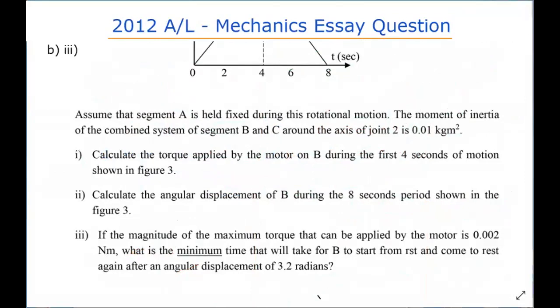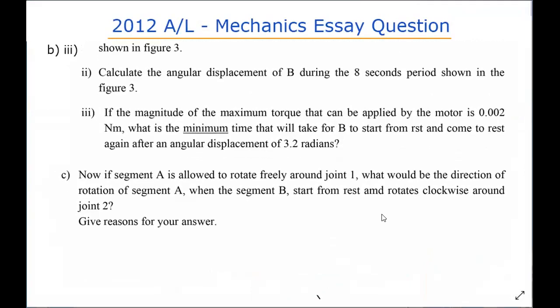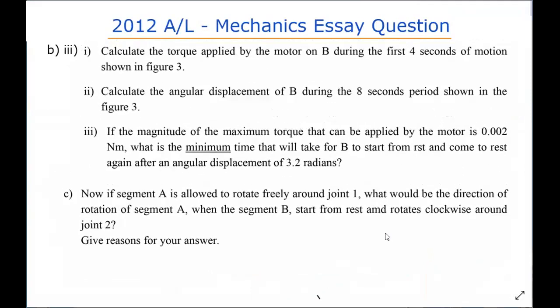Right. What is the final thing that they have asked? C, simple C question. Now, segment capital A is allowed to rotate freely around joint 1. What would be the direction of the rotation of segment A when the segment B starts from rest and rotates clockwise around joint 2?